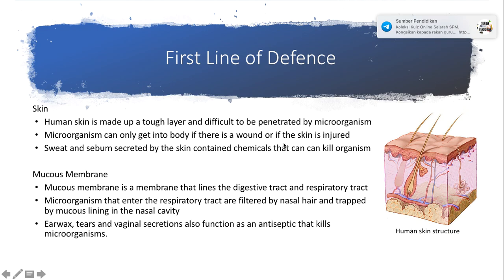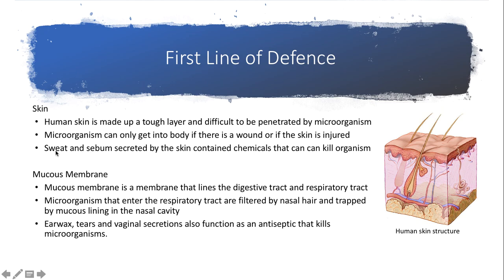Unless our skin ada luka, ada kecederaan, this is where the microorganism can actually enter. Okay, if not, it's actually very hard to be penetrated. Microorganism takkan senang-senang masuk. Unless kalau ada luka, ada any kecederaan ke, baru this akan act as entering point lah untuk microorganism. Dia akan boleh masuk bila ada luka.